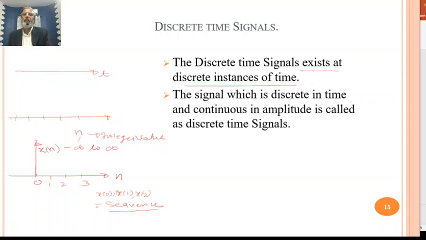The discrete time signal is discrete in time, here this is n, and continuous in amplitude. This is the second definition of the discrete time signal.